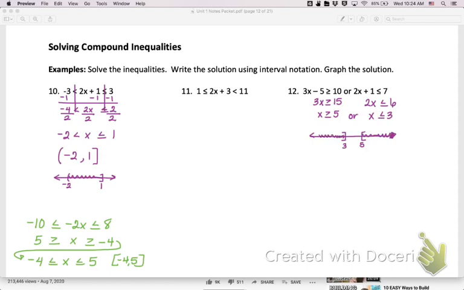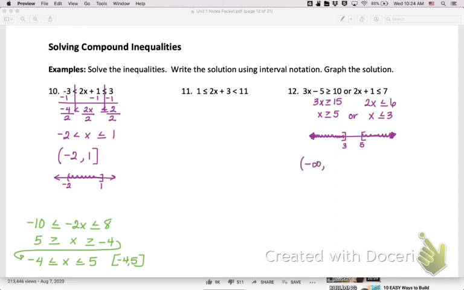Now, it would be impossible to write one interval that shows both of those things. But since I, again, want to provide one solution set, the way that we show that these two sections are part of the same solution is that we use the union notation.